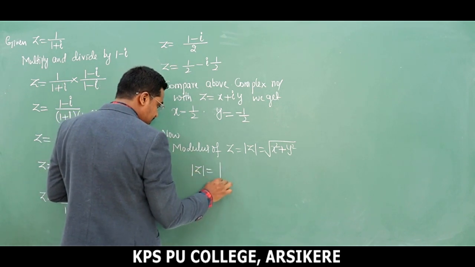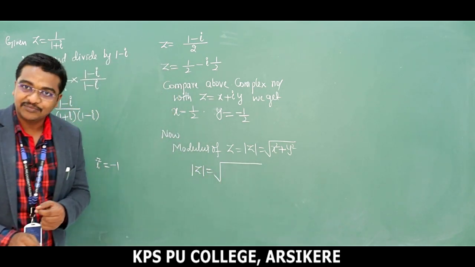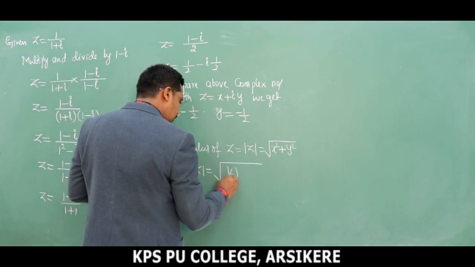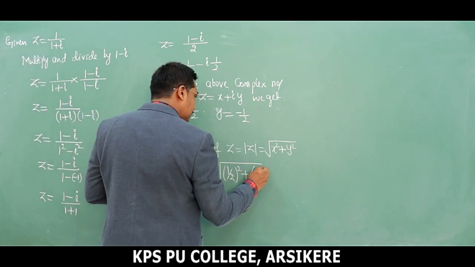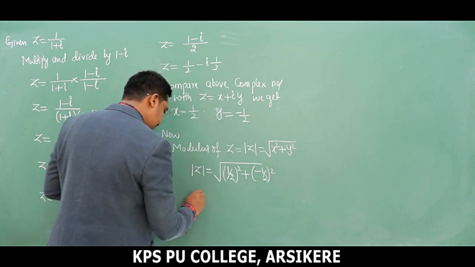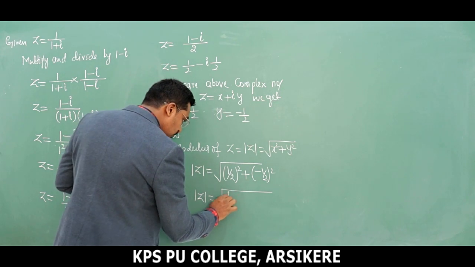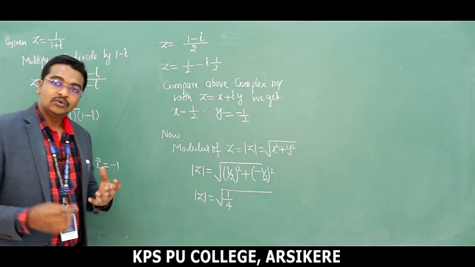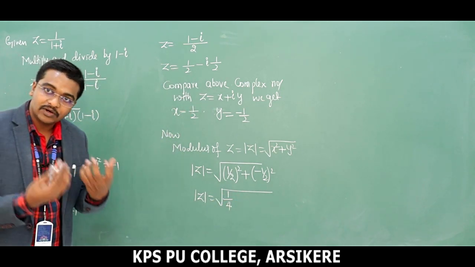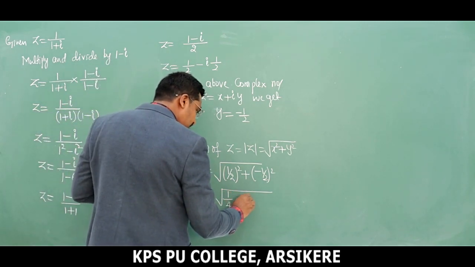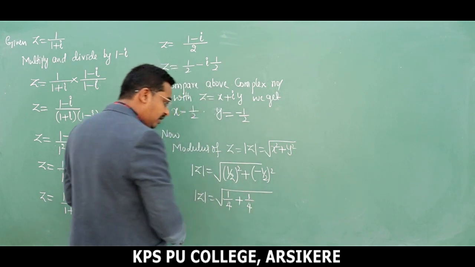Just substitute the values of x and y. x is 1 by 2 plus minus 1 by 2 whole square. Mod z is equal to square root of 1 by 2 whole square, which is 1 divided by 4. 1 square divided by 2 square, that will convert as 1 square is 1, 2 square is 4. Similarly here also we left it 1 divided by 4, right?